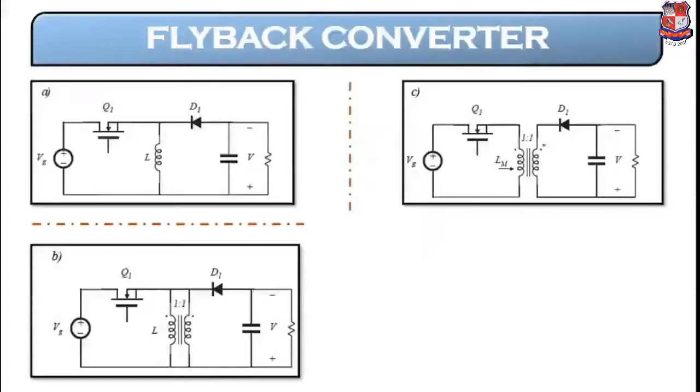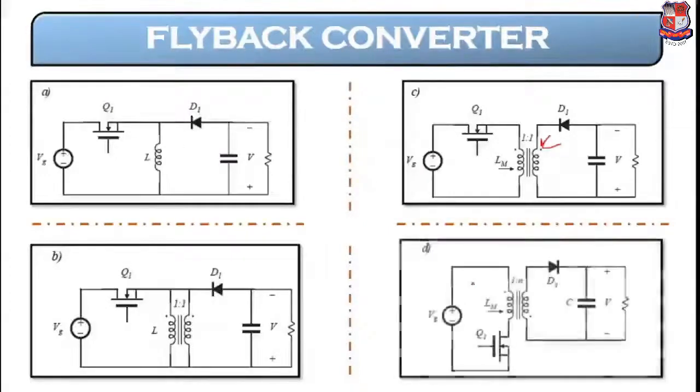So the dot polarity was changed and reversed, from the upper position to the downward position, and the diode direction was changed. As a result, the output polarity was made positive, the same as the input voltage, and hence the flyback converter was derived from the buck-boost converter.